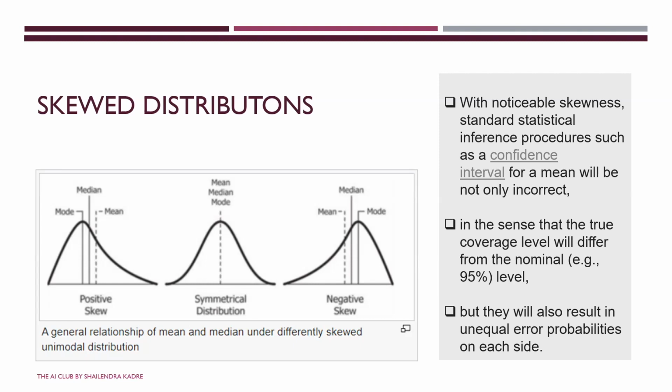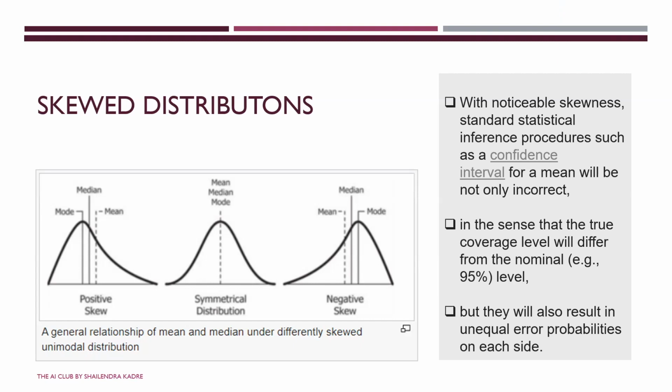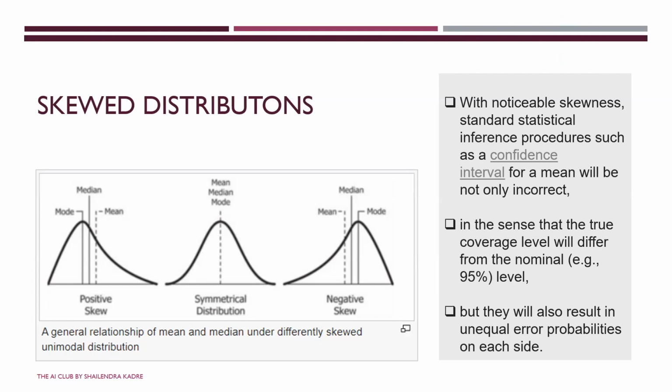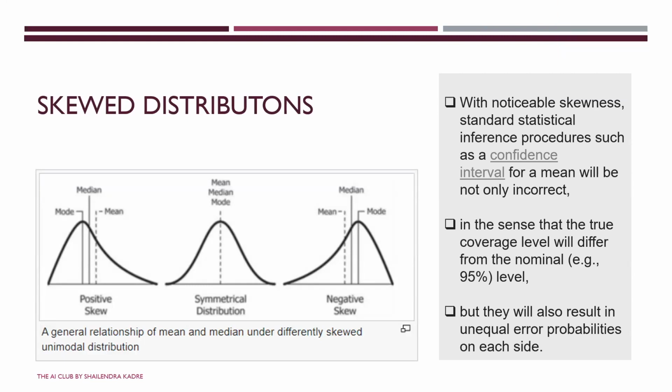No. Mode frequency is highest, but the y-axis is the frequency. Value is there on the x-axis. Mean is highest, because the value is there on the x-axis. Yeah, mean is highest. Second highest is who? Median. Third highest is mode.